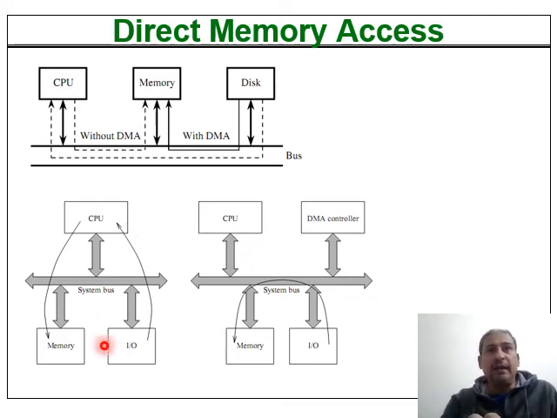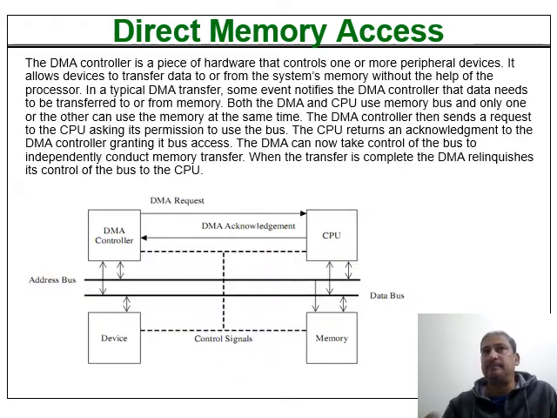See, the DMA controller, as you can see over here, in the other modes of transfer, the pathway is between IO to CPU to memory or memory to CPU to output device. But here the transfer is between the IO device and the memory device directly or memory to IO device directly.